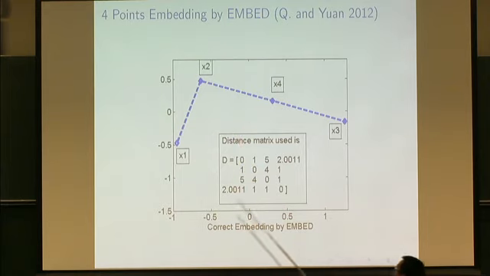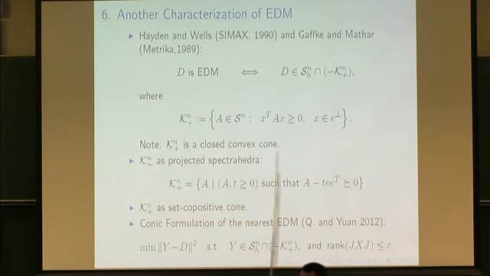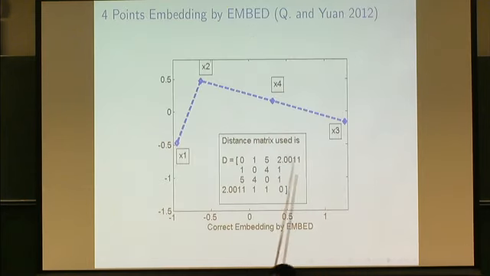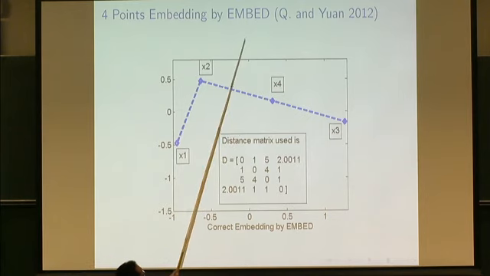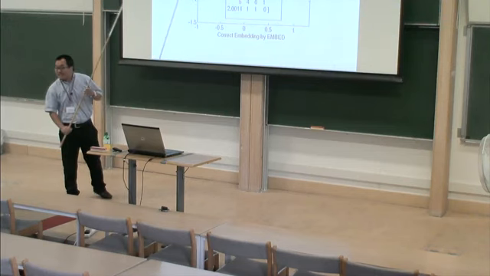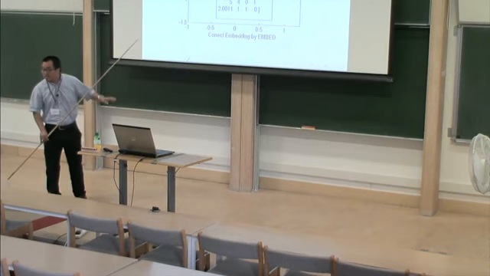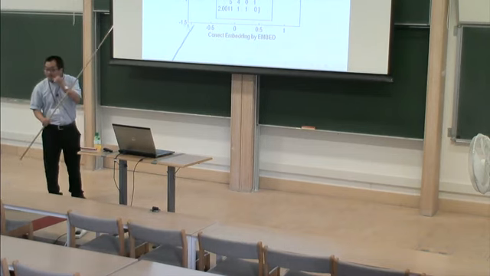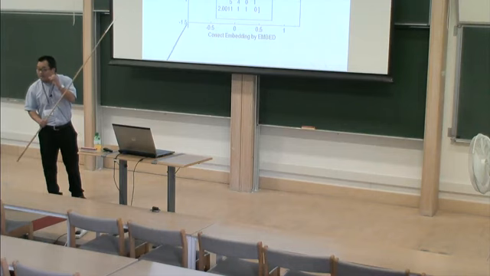Did you get this result with the rank constraint? With the rank constraint. I used the method called embedding the distance matrix, and in my method, which I didn't talk about here, I force the rank constraint. It's not a convex problem.